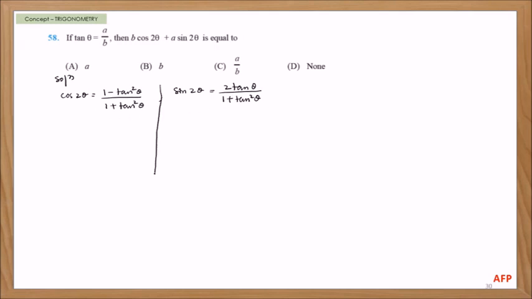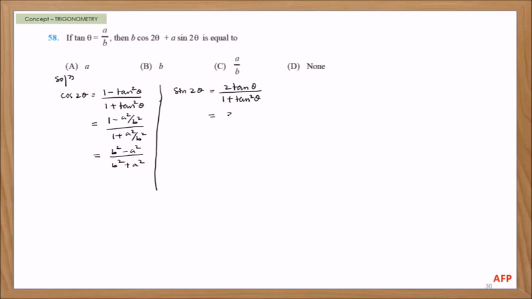So this is one part of our calculation. With tan theta as a by b, 1 minus a square by b square over 1 plus a square by b square. So the denominator is same, so b square minus a square over b square plus a square.